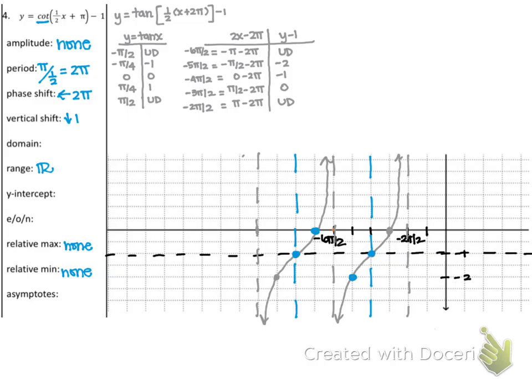What was undefined is now 0. So if I connect those, that is cotangent. Now, if I didn't have a couple periods of this tangent curve, it would just look like I have pieces of it.